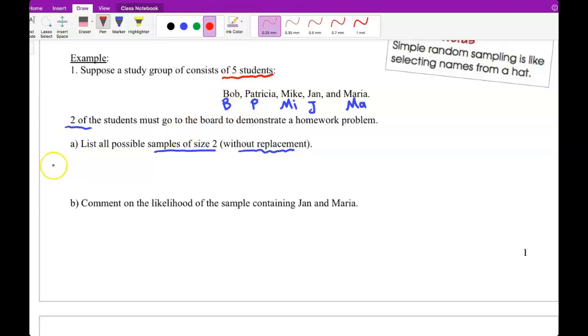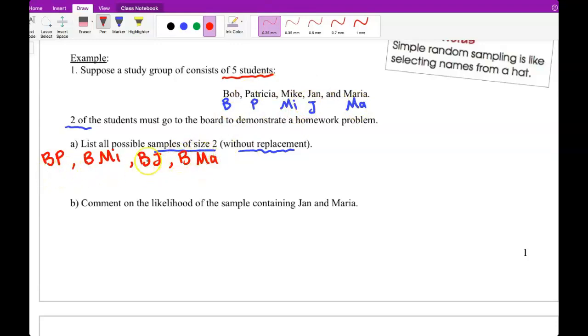First B, Bob, then P, Patricia. Choosing these two students is one possible sample. The others are BP, BMI, BJ, BMA. Each one of these has two students.